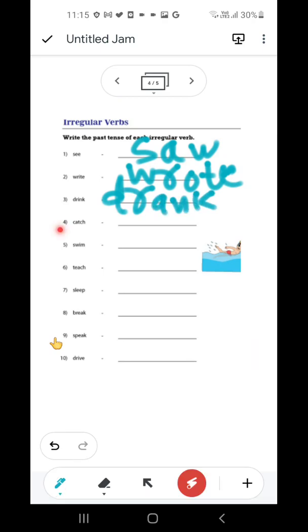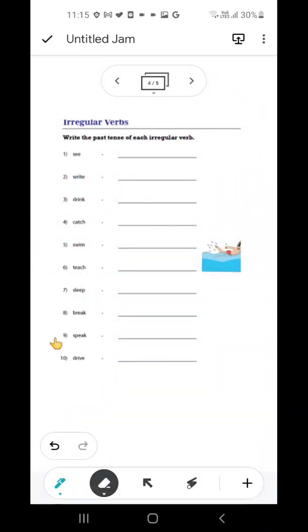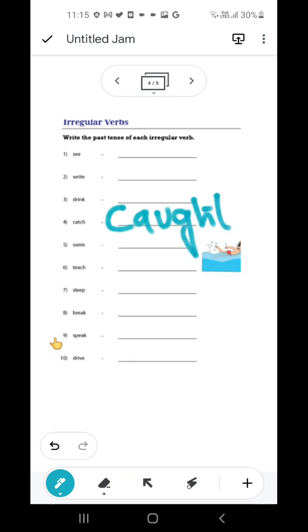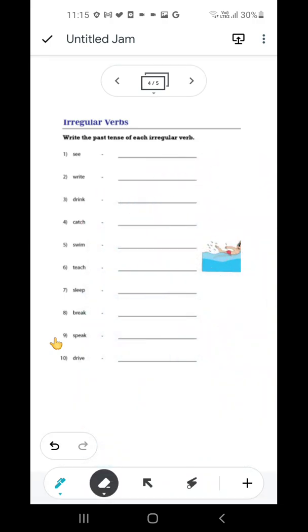Fourth word is catch, and its second form is caught. Right? Fifth is swim, and its second form is swam.